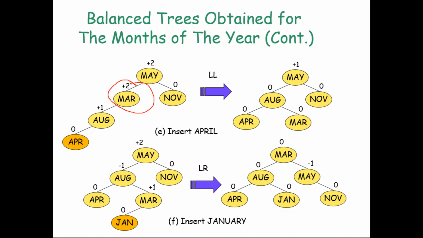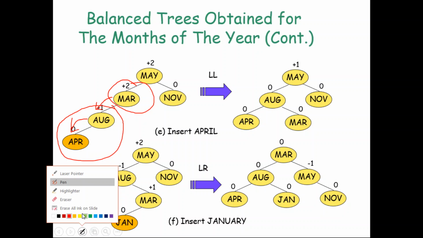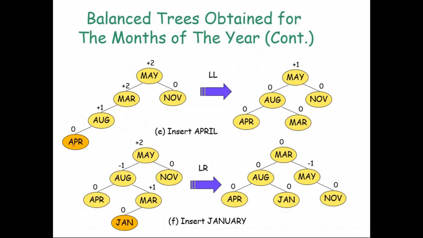Considering from March, where this new child is added, sorry, the new node is added to the left subtree of March, and again in that left subtree it is added to the left.